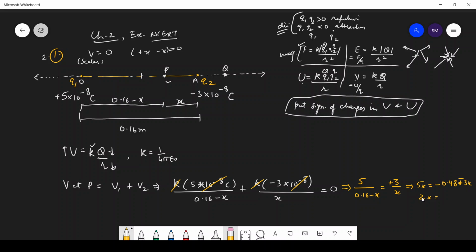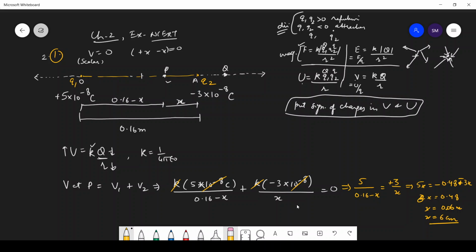So minus 3x will come this side and this will be 8x. So 8x is equal to 0.48 and x equals 0.06. So 0.06 meters, so x equals 6 centimeter.